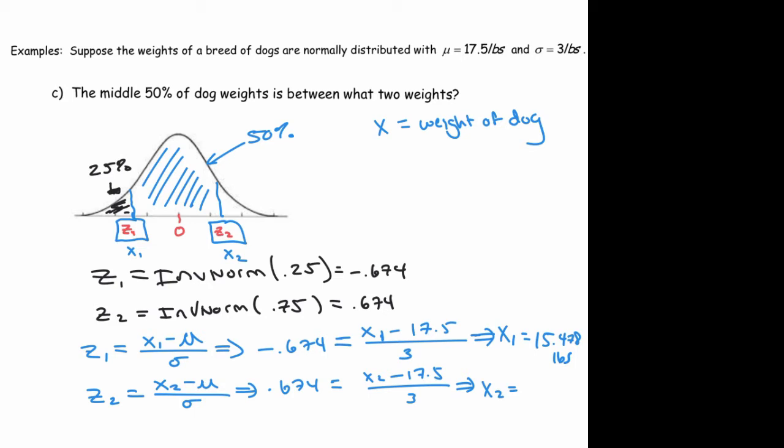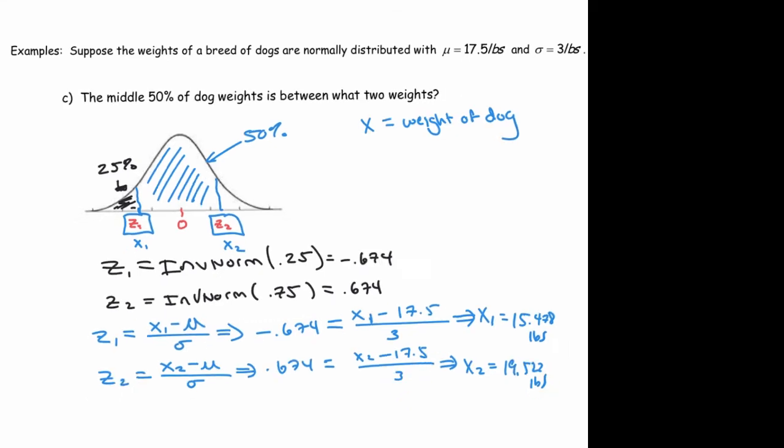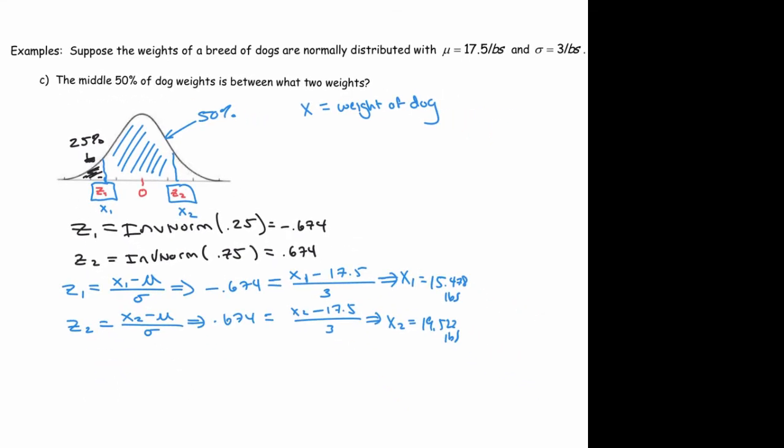And then I'm just going to do 0.674 times 3 plus 17.5 and I get 19.522. Okay, so just to finish up and answer, as it turns out, the middle 50% of dog weights is between 15.478 pounds and 19.522 pounds.